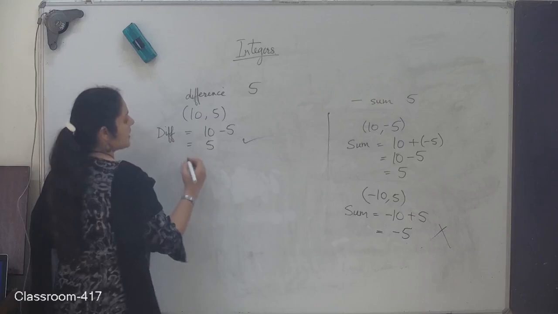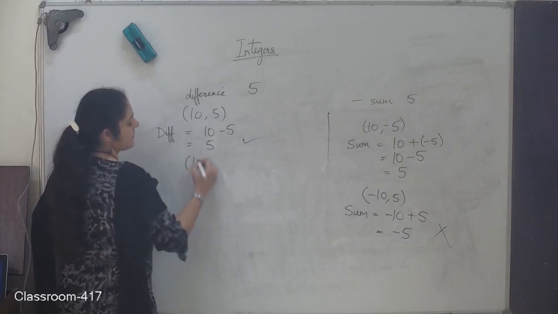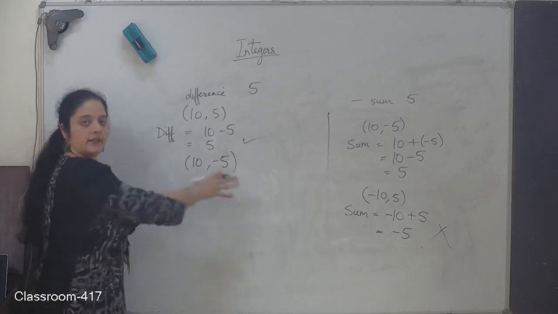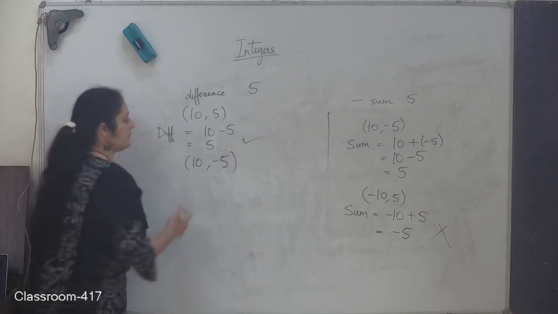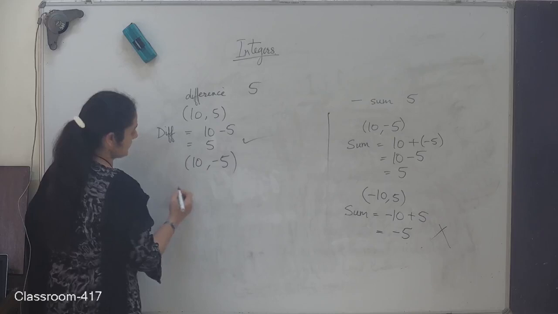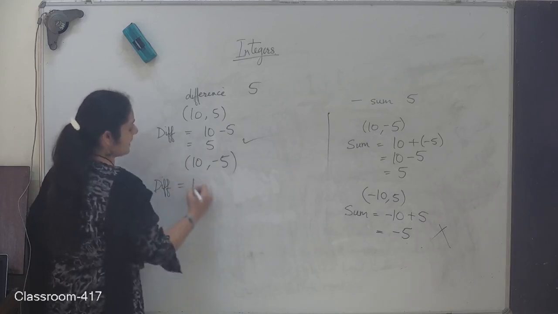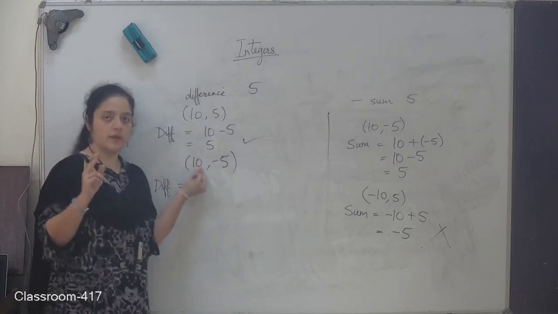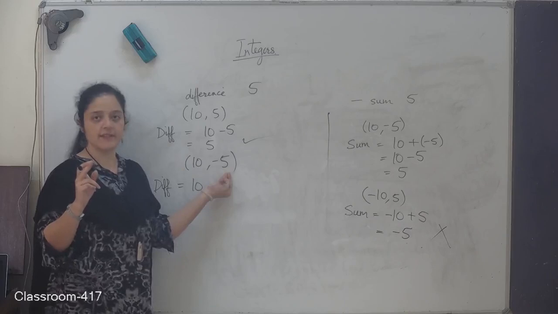Now supposing some child thinks that the difference of 10 and 5 is 5. So I will take this as my pair, and here my difference becomes 10. Now please understand, 10 is one number and minus 5 is another number.